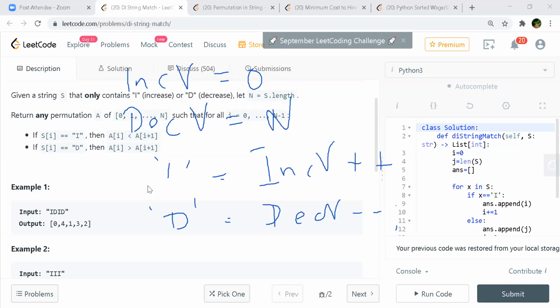And if it is going to be D at I plus 1, then automatically I will be taking from the back side, starting from the reverse side, right? I'm looking at the examples and writing it here. Yeah.